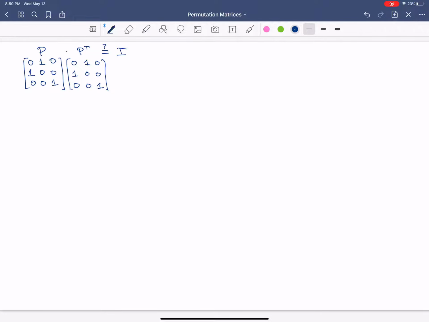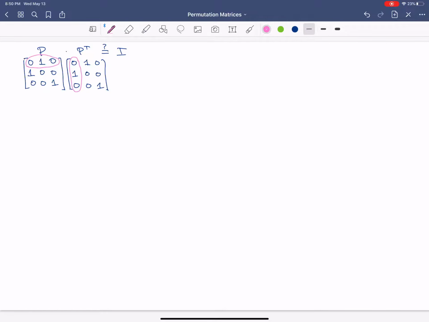Now what is happening here is when I try to carry out the multiplication, I look at the first row and the first column. You see, the 1 in the first row is the second component of the first row, and it is the second component of P transpose.